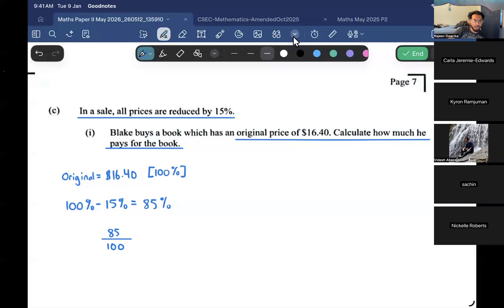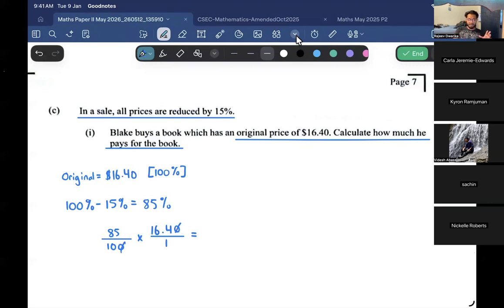So 85 over 100. And we're going to multiply that by what? The original price, which is $16.40. Right, so plug that into your calculator and let me know what you get. Now, some of you all might do this craziness. You do that, that's wrong.